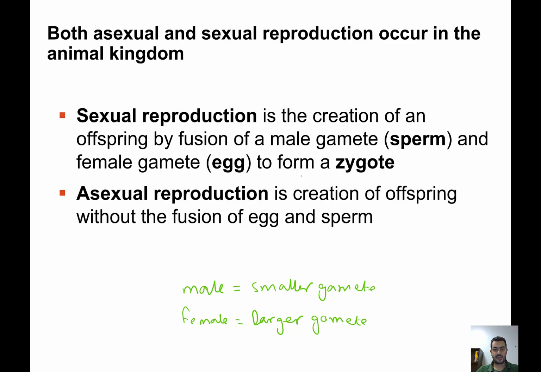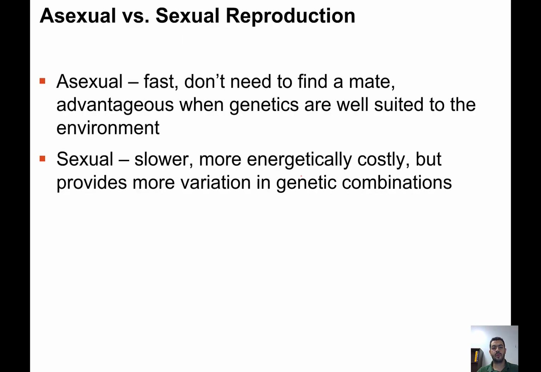Then what is asexual reproduction? It is the creation of offspring without the fusion of egg and sperm. So we want to stop here and consider the pros and cons of each method of reproduction. Sexual reproduction is slower. You need to find the partner, and it is more energetically costly.